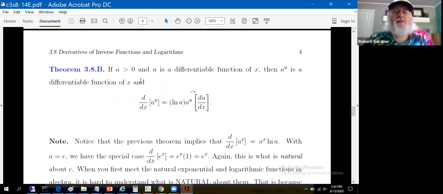If a is greater than 0, and u is a differentiable function of x, then a to the u is a differentiable function of x, and the derivative with respect to x of a to the u is the natural log of a times a to the u times du dx. Where did that highlighted natural log of a come from? It must have come out of our definition of a to the x power. Let's go through a proof of that.